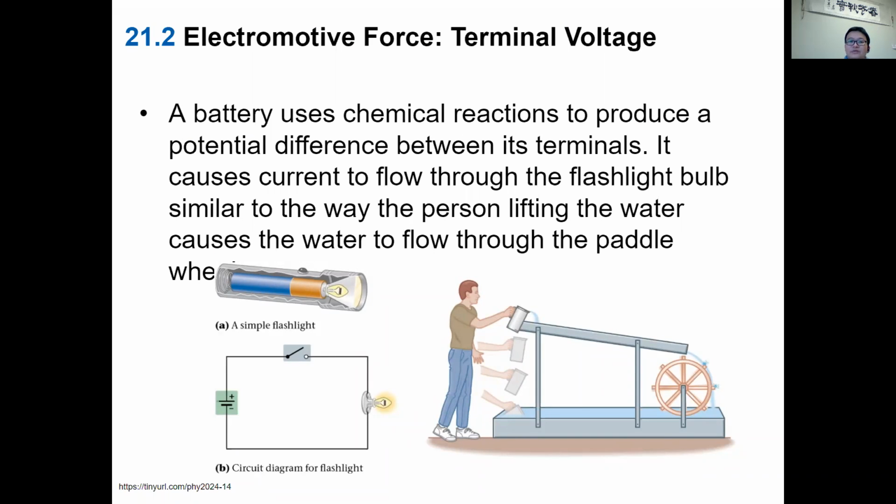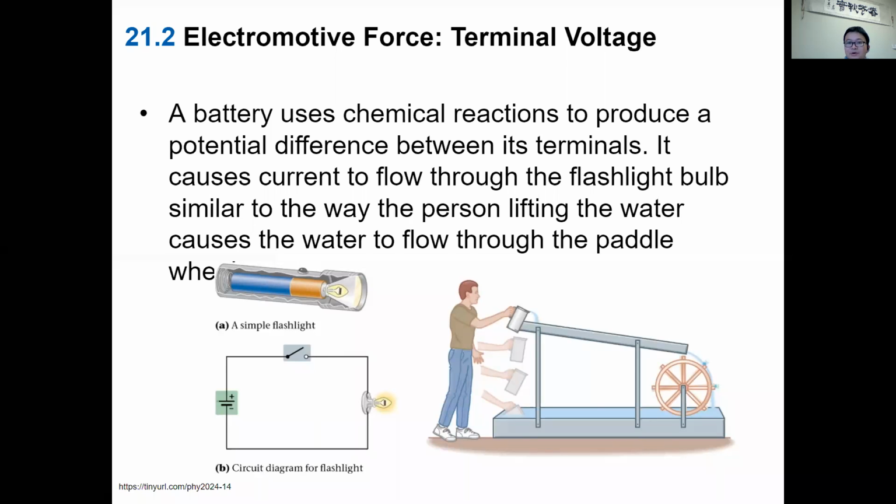This refers to the voltage that a battery can supply. It's given a specific name, electromotive force, but keep in mind this refers to the voltage of a battery.